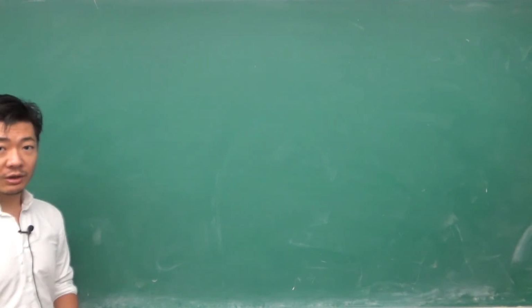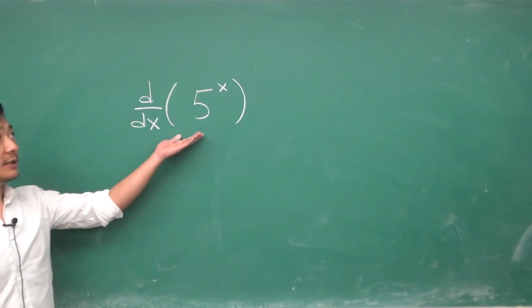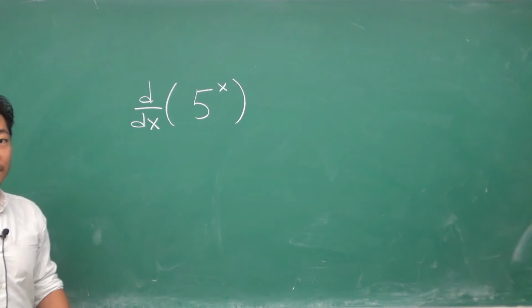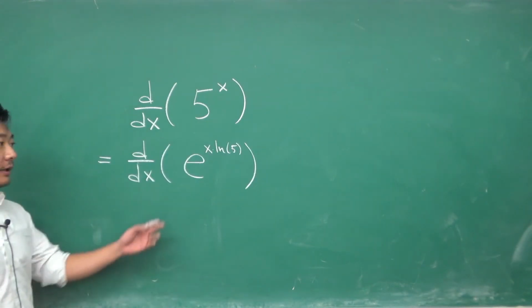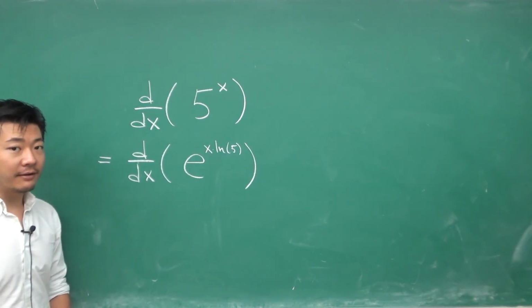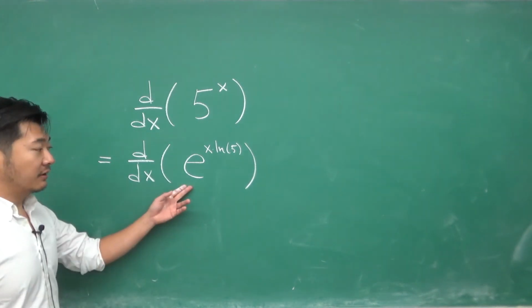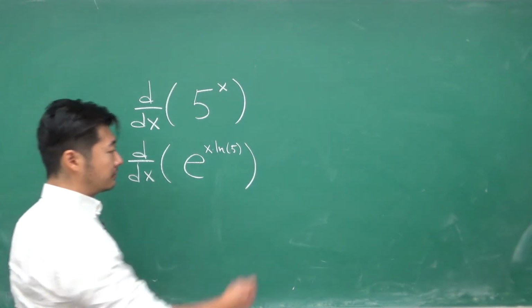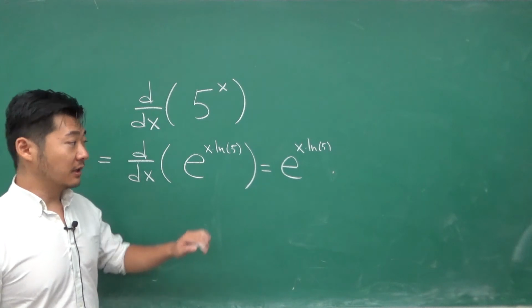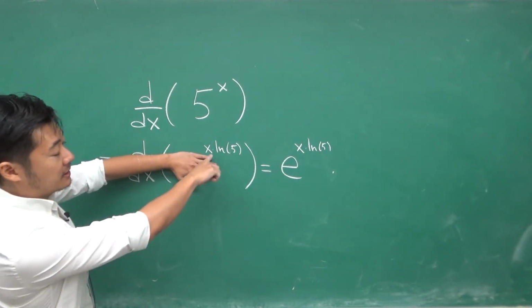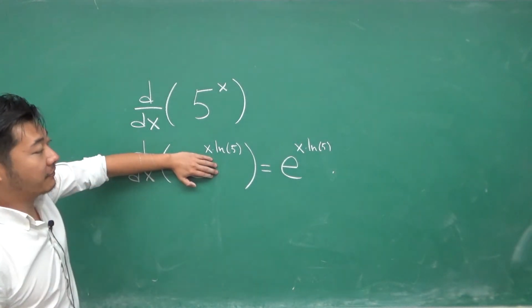If we want to take the derivative of a different base, for instance the derivative of 5 to the x, then we rewrite this as e to the x times natural log of 5. The derivative of the exponential function is itself multiplied by the derivative of the inside function, which in this case is x times natural log of 5.